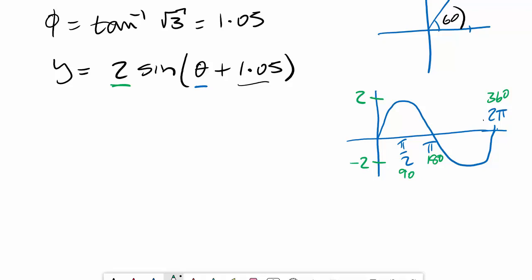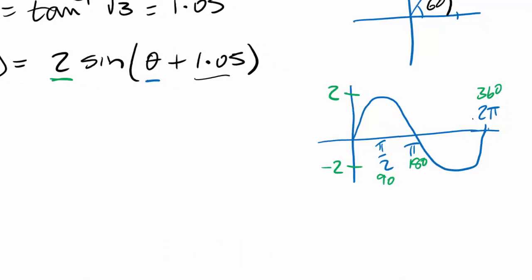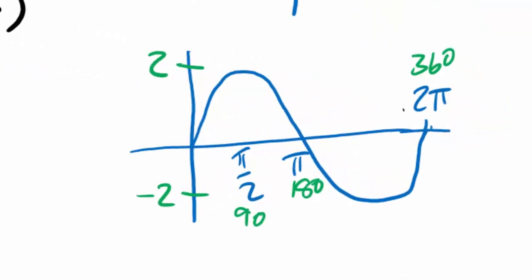That wasn't hard. But there's something else going on, which is that when theta is equal to 0, we've got sine of 1.05. So looking at the graph, this point here is 90. So if I go about a third of the way in, that point there is going to be about 60.